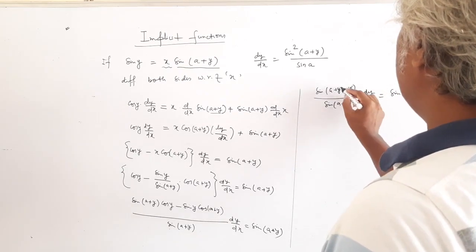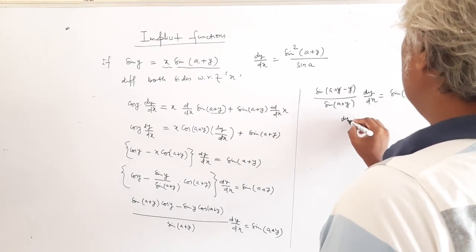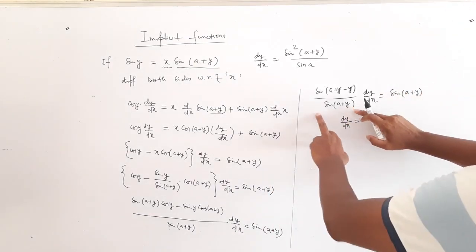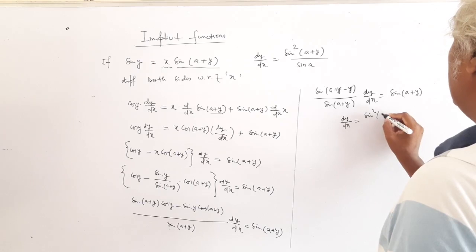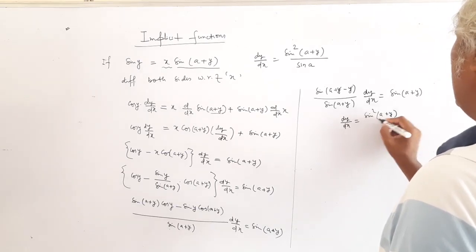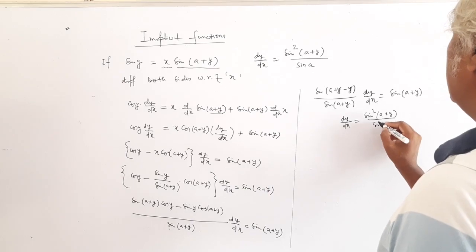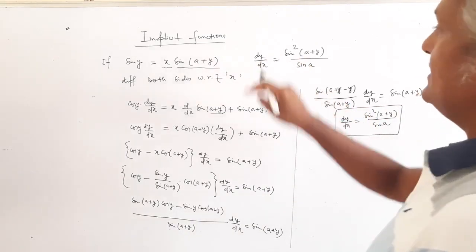So this y cancels, you have sin a, and I put this on this side. So dy/dx equals this sin(a + y) goes here and multiplies. So this will become sin²(a + y), and this sin a will come down. This is your answer.